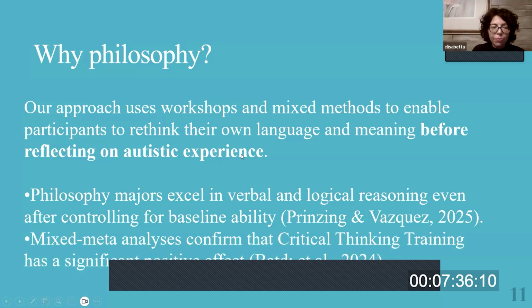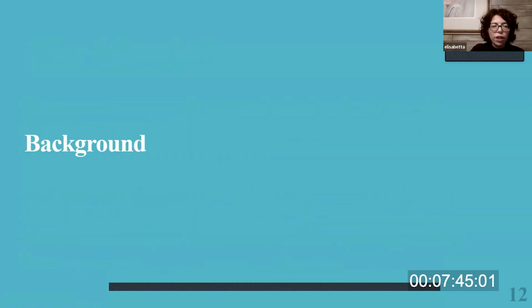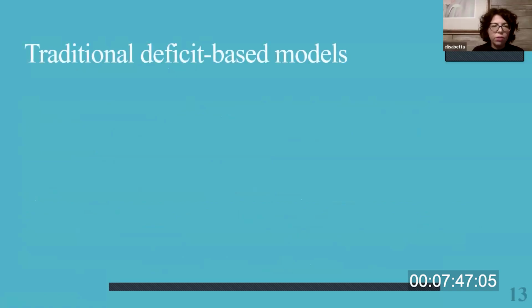And a meta-analysis confirmed that critical thinking training has a significant positive effect. So let's see now the background. I want to start with a traditional deficit-based model, because this is the model we try to move beyond, basically.